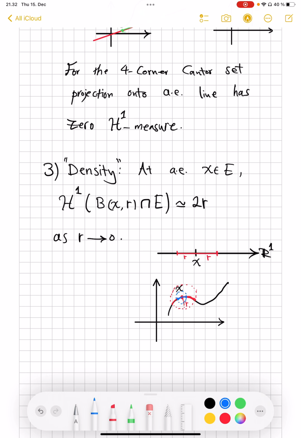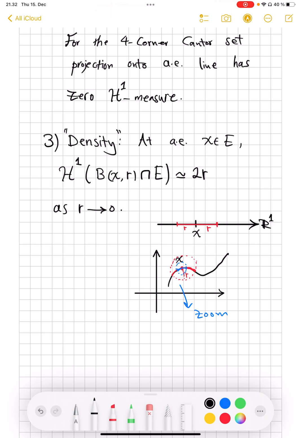And being a C1 manifold means that if you zoom in infinitely strongly on a C1 curve, you will not be able to tell it from a line. So it will be very, very close to being just a segment, exactly like what is in R1. So this is for subsets of R1 and C1 curves in R2 or in Rn in general.